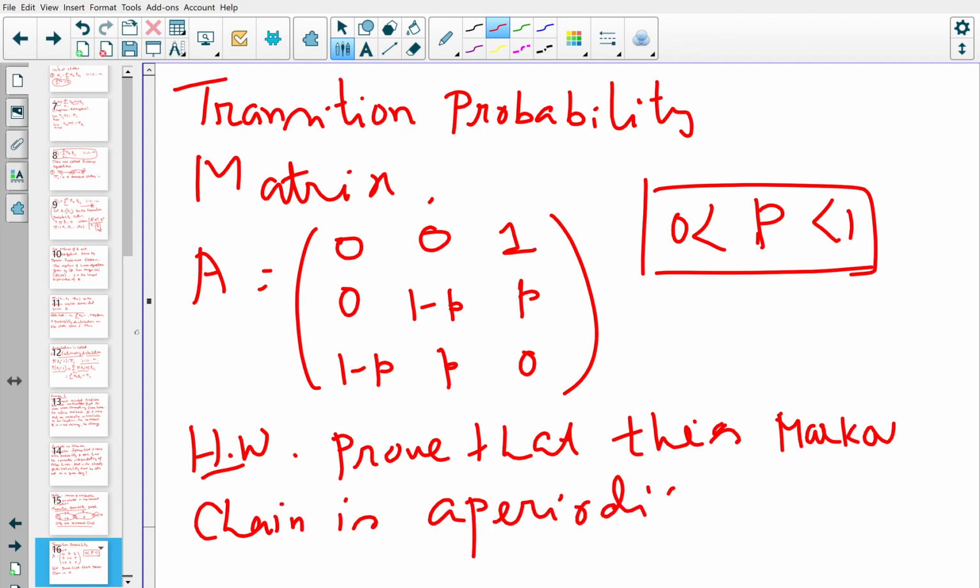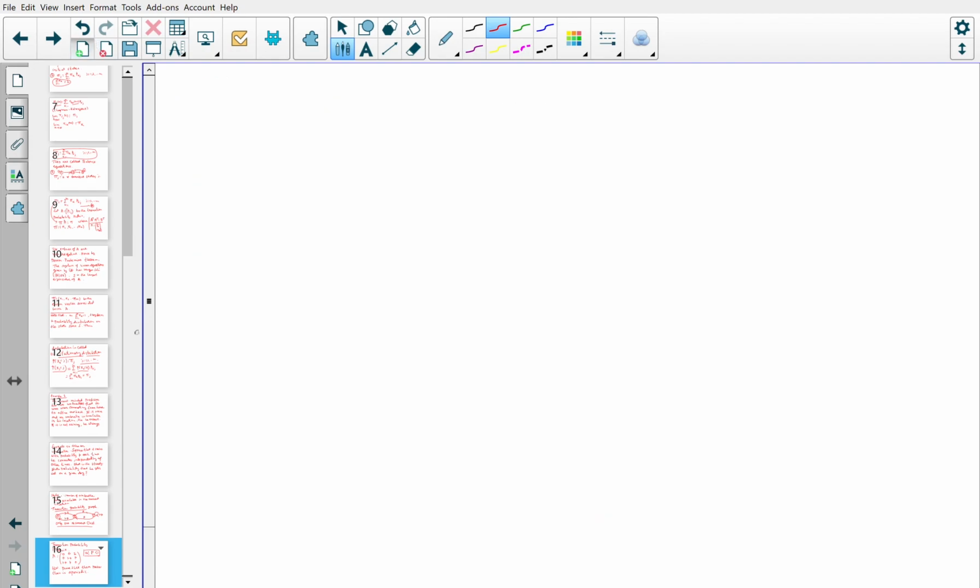So that means it satisfies both conditions of the steady state probability convergence theorem, and then you can apply it.